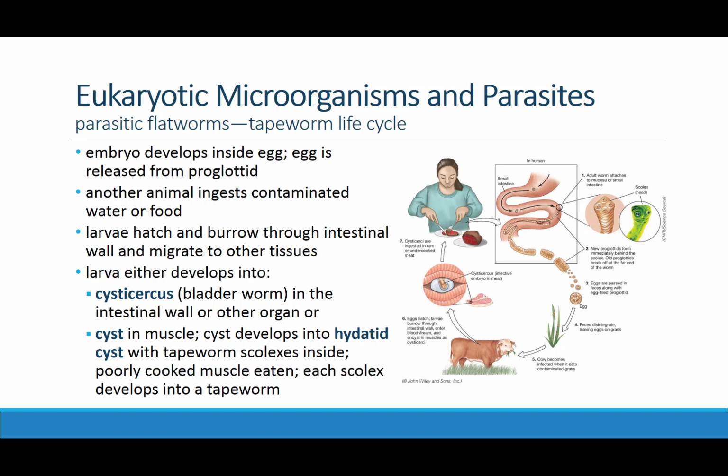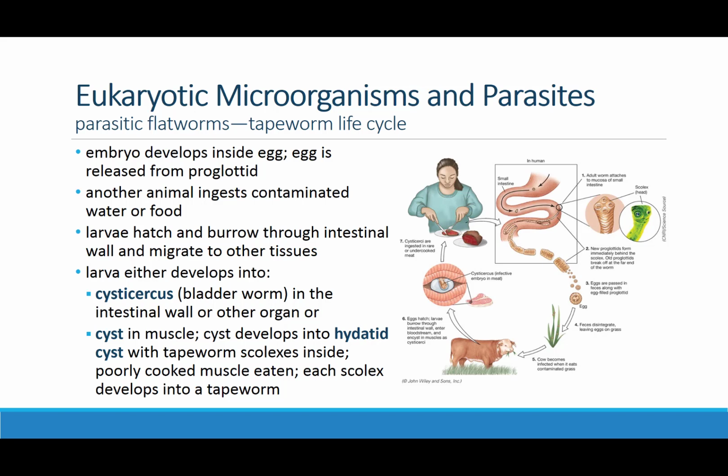Or they can find their way to muscle, and there they form cysts that develop into these hydatid cysts. And inside of that hydatid cyst is a whole cluster of one or more tapeworm scolexes. And so they just sit there and wait then. So they're very patient. And so eventually we slaughter this cow that's been infected with this hydatid cyst.